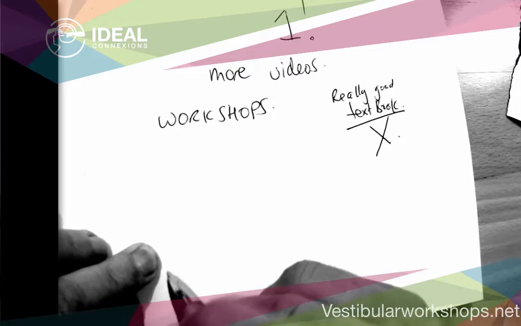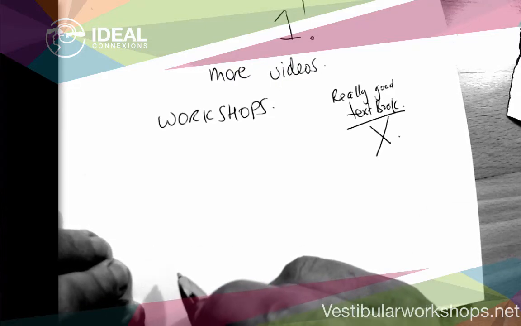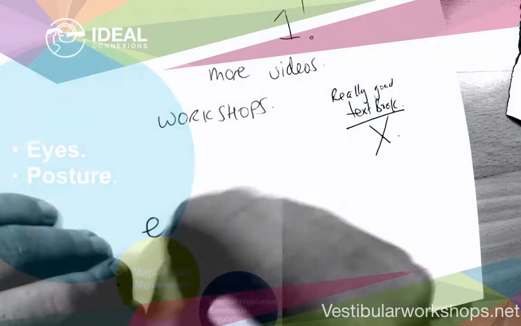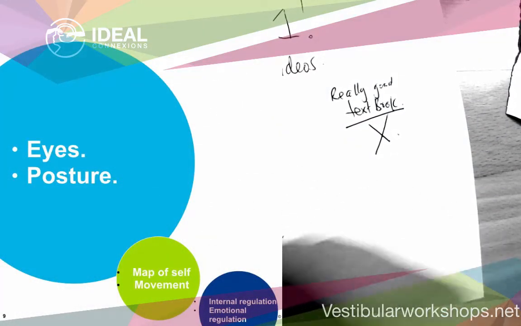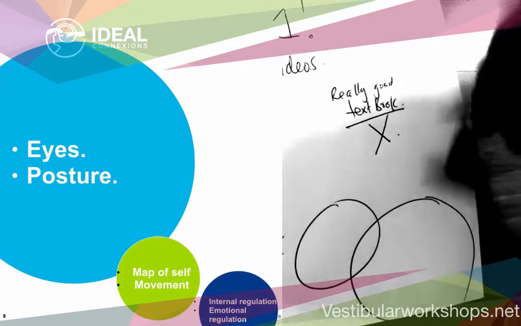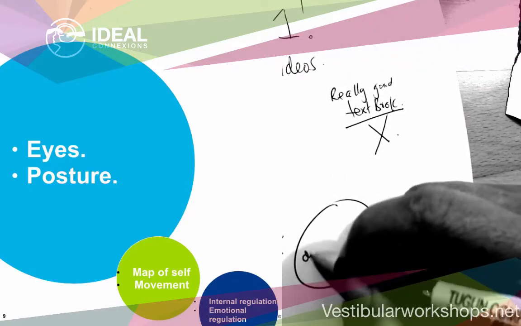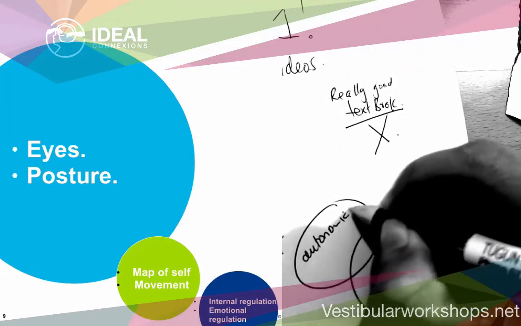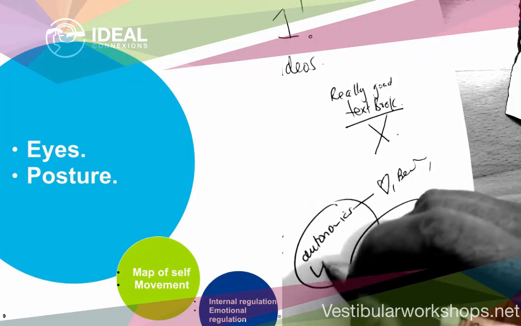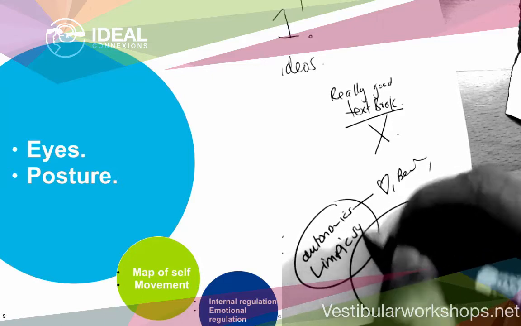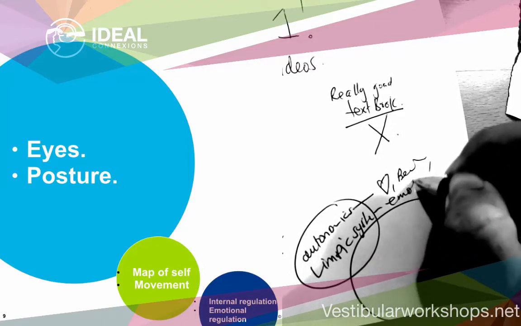Another thing that's really important to mention is that the vestibular system is not just eyes and it's not just posture. It's also a couple of other really important things, which is your autonomics. That's your heart, breathing, your limbic system. It's emotion.